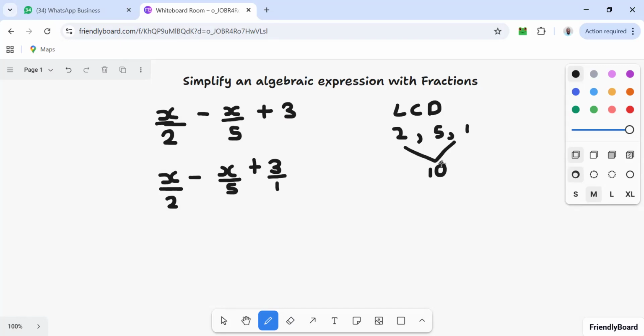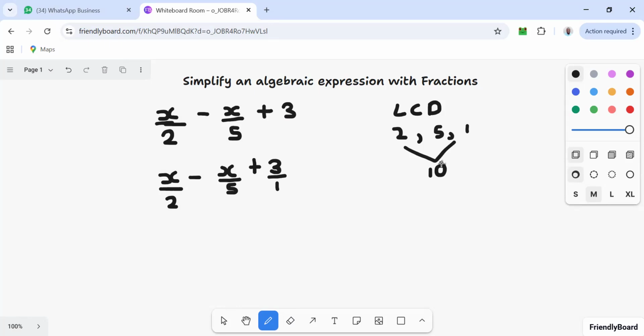Then the next thing will be for me to convert all the terms to equivalent fractions with denominators equal to 10.